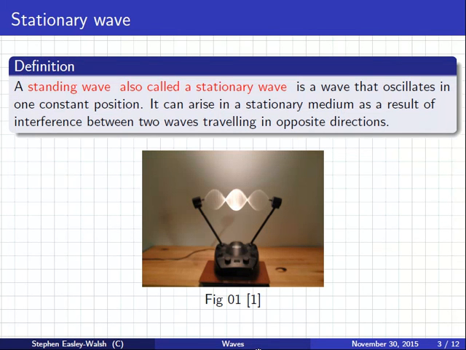But you can imagine this is moving up and down. The point right here, you see this one here? That looks like it's not moving. So this point and this point, they're called the nodes. And this point here, that's moving up and down the most, that's called the antinode.